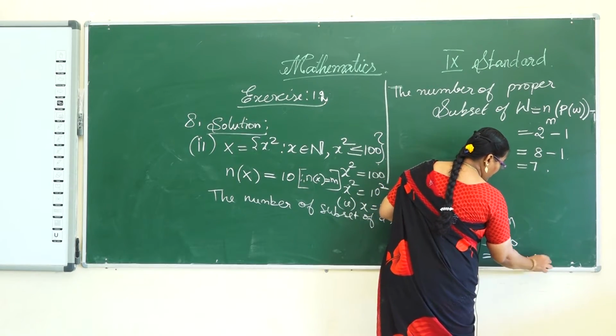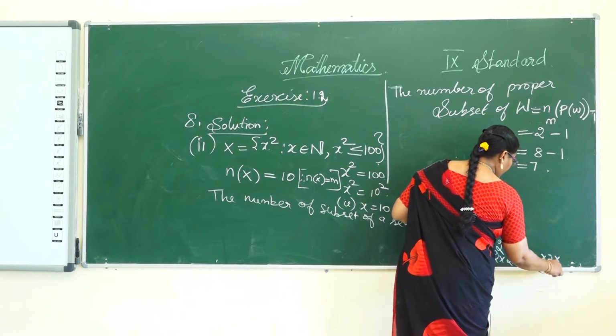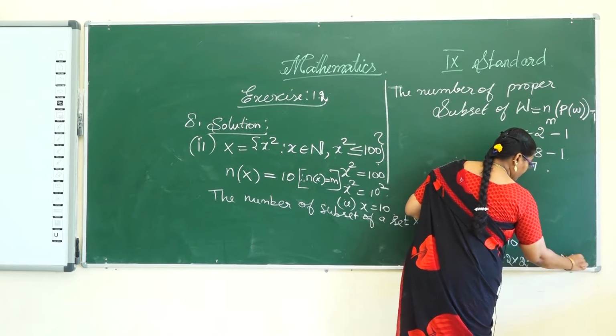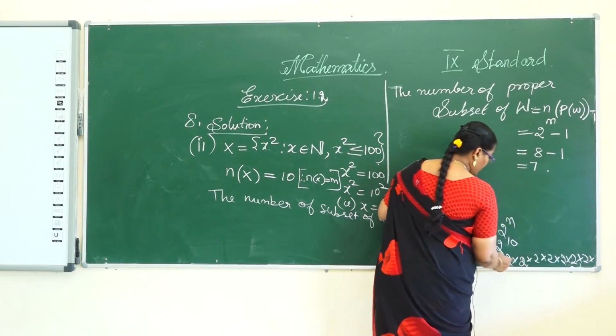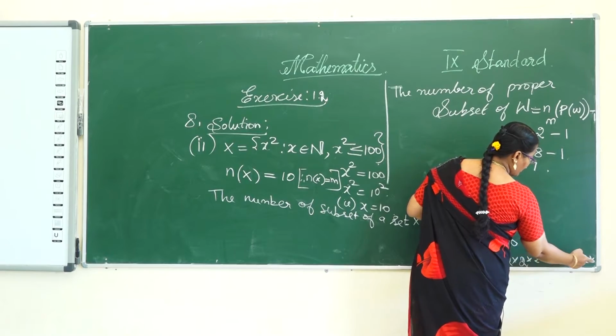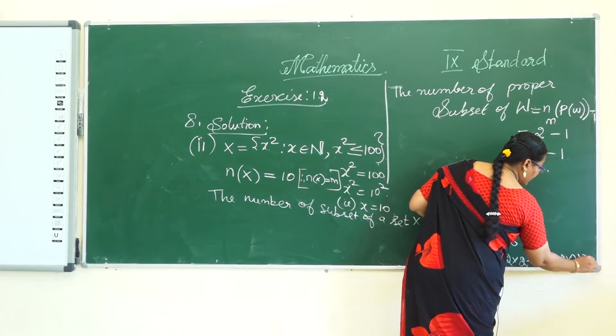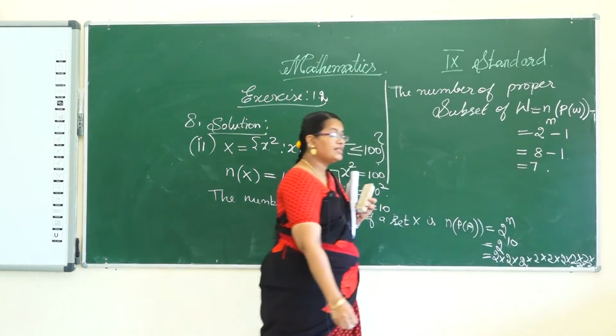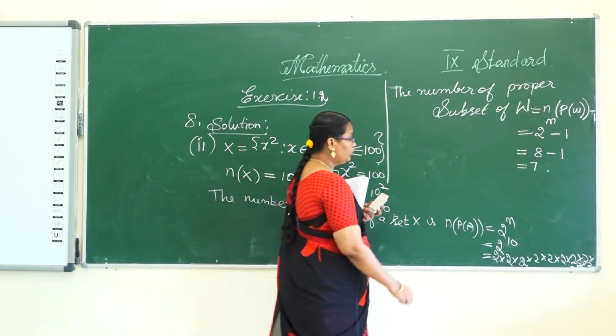How many times? 10 times multiplied. 1, 2, 3, 4, 5, 6, 7, 8, 9, 10 times multiplied by 2.